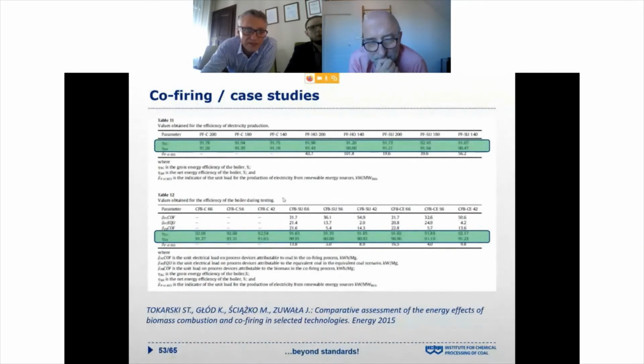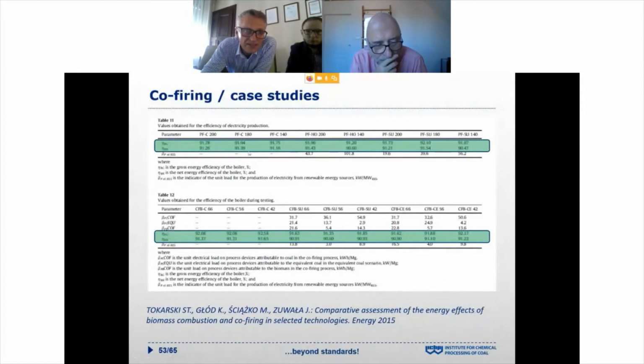These two tables present the efficiency of electricity and the boiler efficiency, and the coal scenario is here with the letter C. Here we are at pulverized fuel combustion, PF, and here we are at the CFB, CFB and coal.